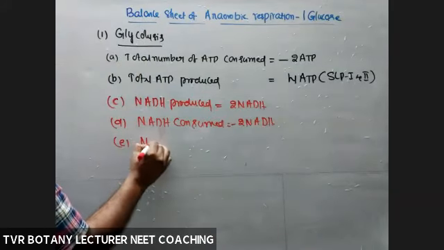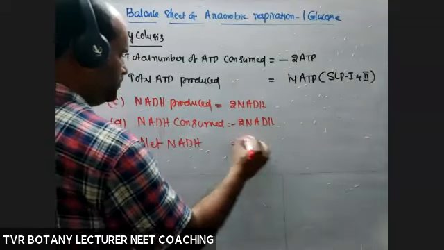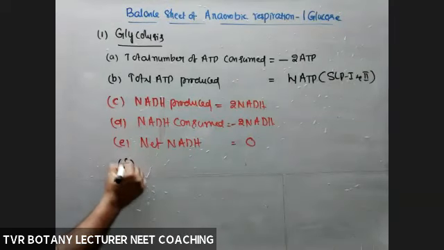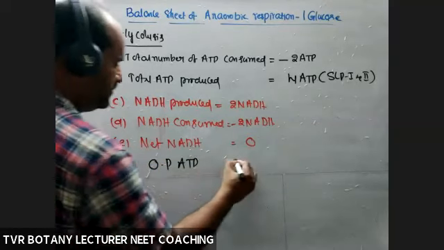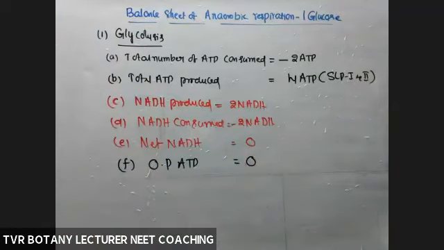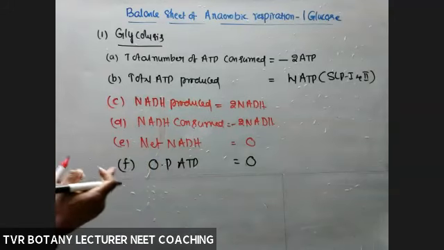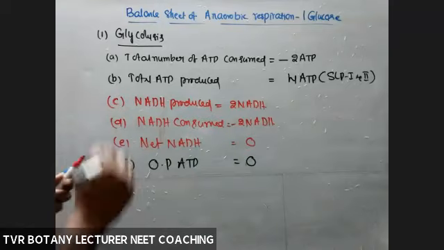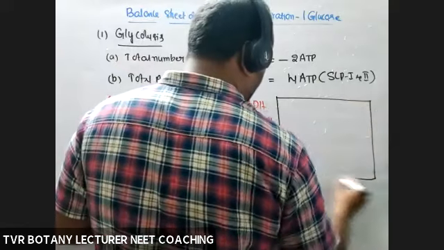Next, net NADH available: 0. No NADH available. Next, OP based ATP: 0. The electron transport system is possible, but there is no availability of NADH. 2 NADH produced, 2 consumed. Net availability is 0. FADH is not at all possible.